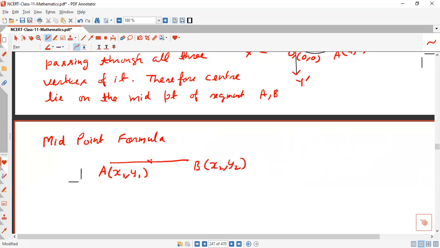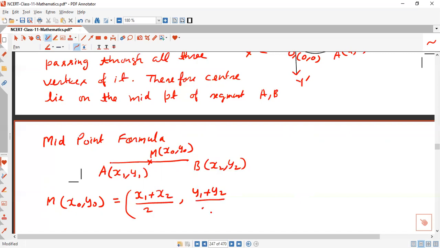So the midpoint M has coordinates x0, y0. x0 will be equal to (x1 plus x2) by 2, and y0 will be equal to (y1 plus y2) by 2. This is the midpoint formula.